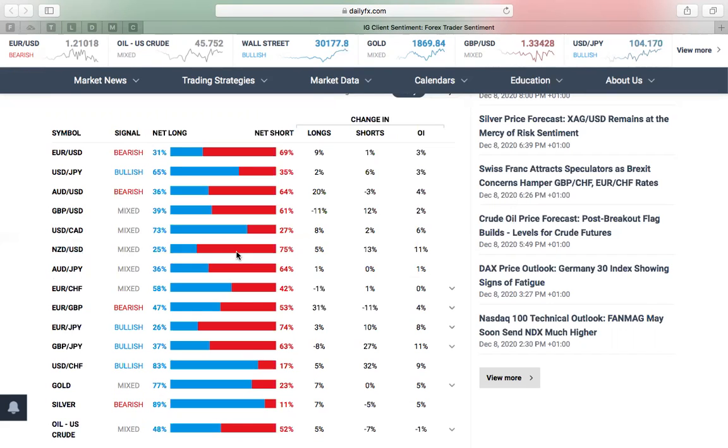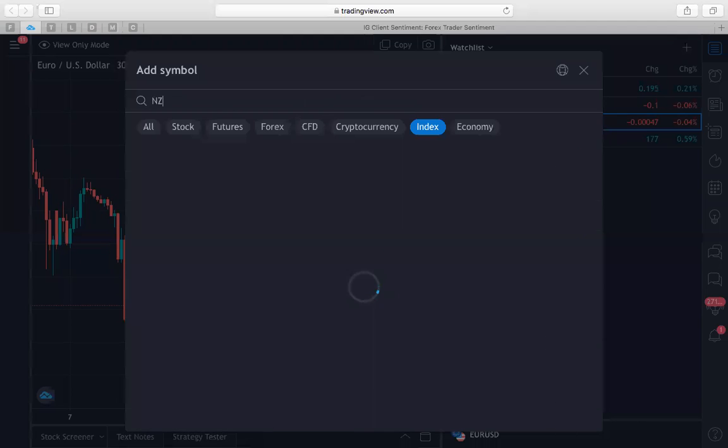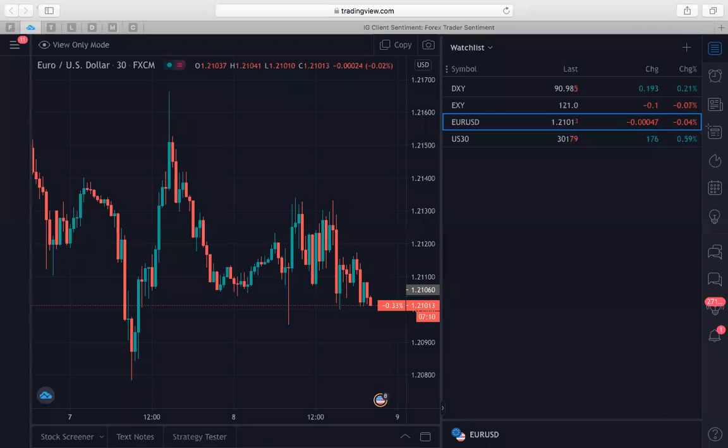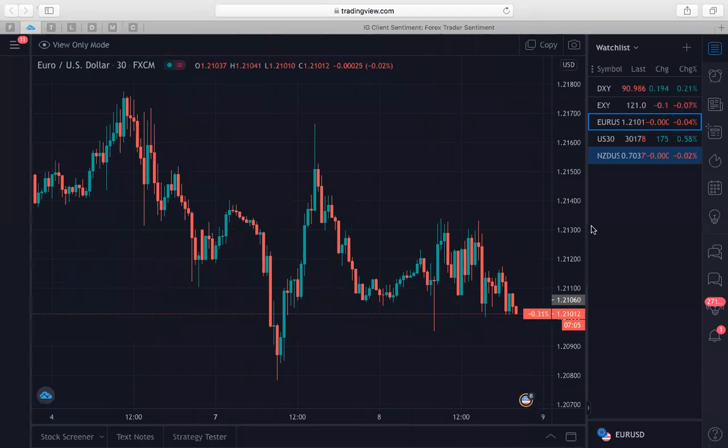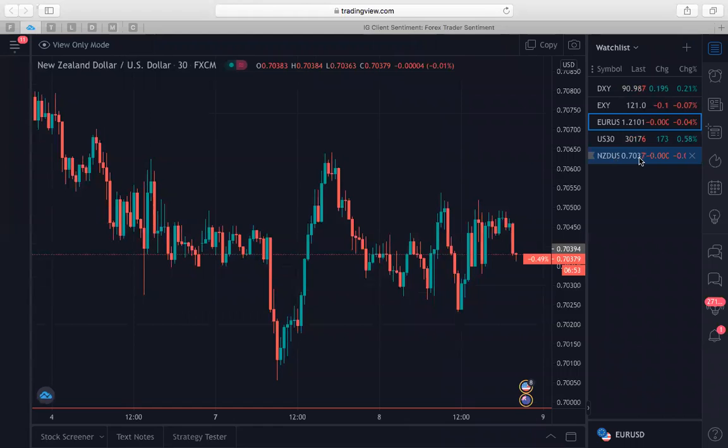So all I have to do is go back to my chart. So we're going to the chart now. So we pick NZD USD. Okay, so let's add NZD USD. Okay, this is the chart. Give me a minute, it's loading. Okay, this is the chart, right? And I think I got my entry.